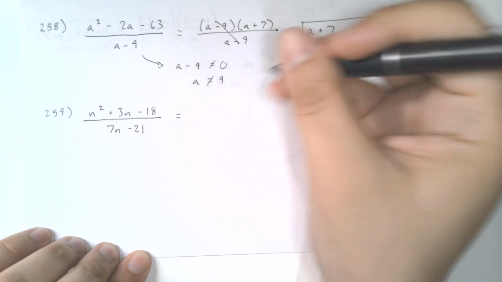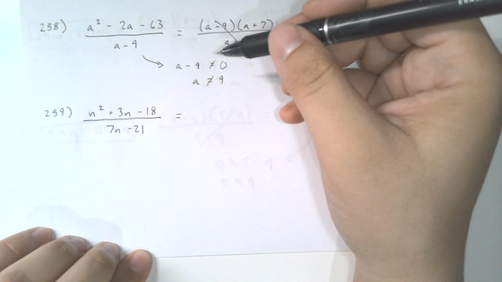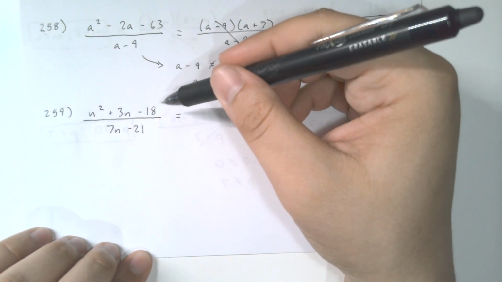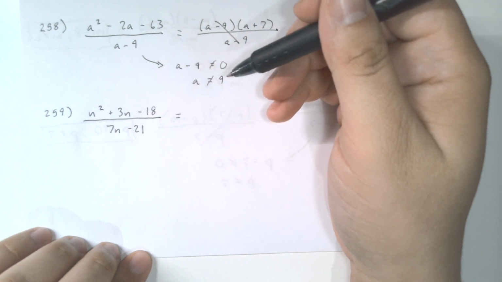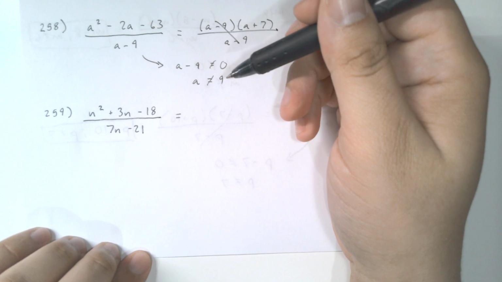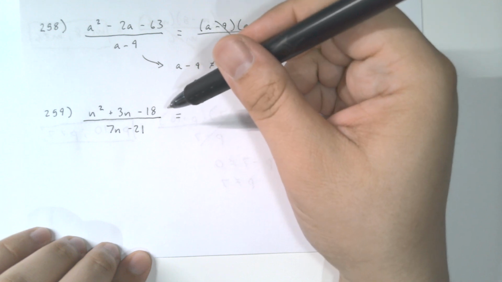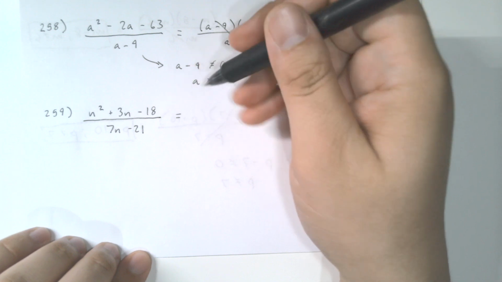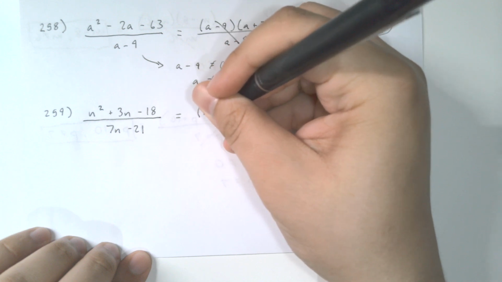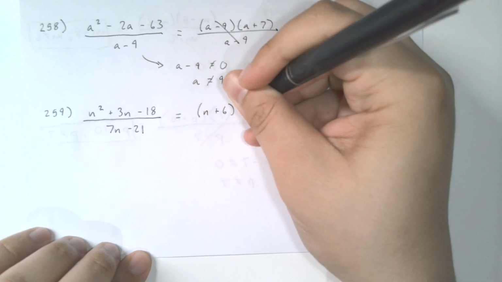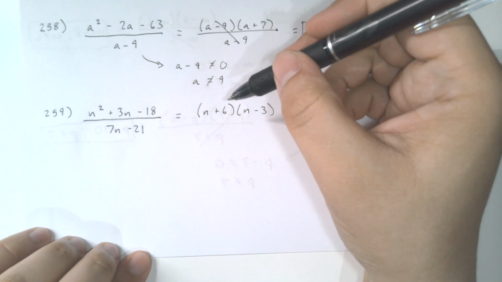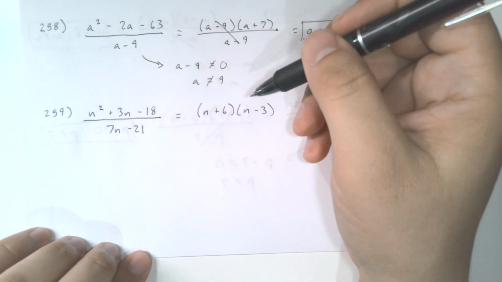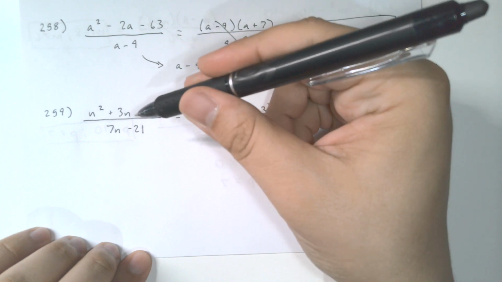Let's start with the numerator. We want to find two numbers that multiply to negative 18 and add up to 3. Well, we have 6 and 3, and it looks like we need a negative 3. So we have n plus 6 times n minus 3, and sure enough, 6 times negative 3 is negative 18, and 6 minus 3 is positive 3.